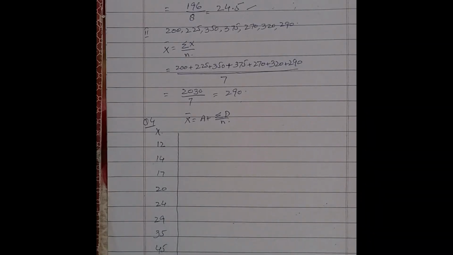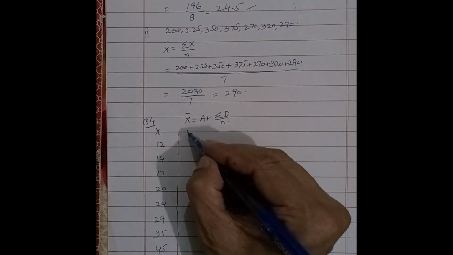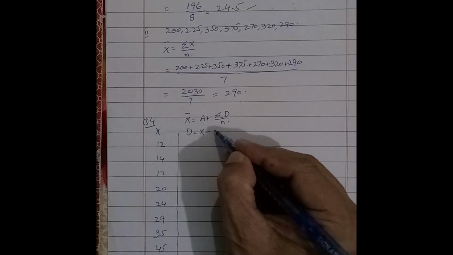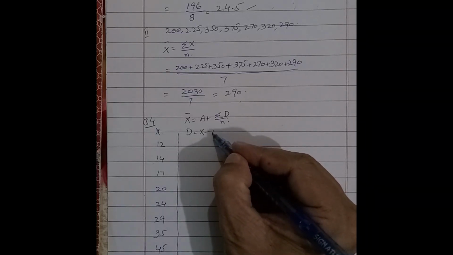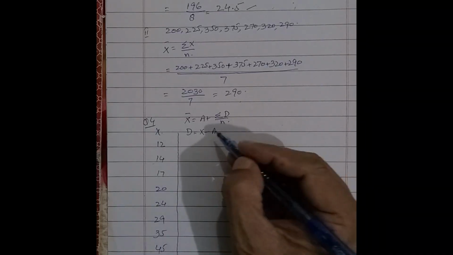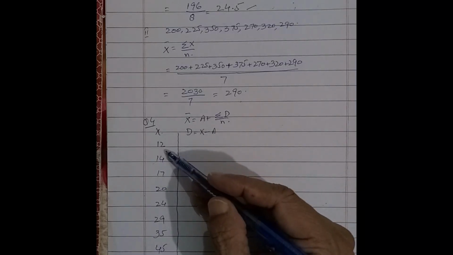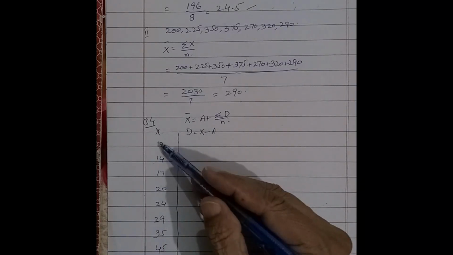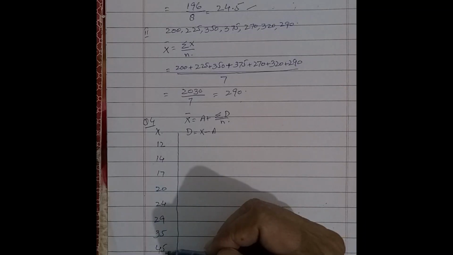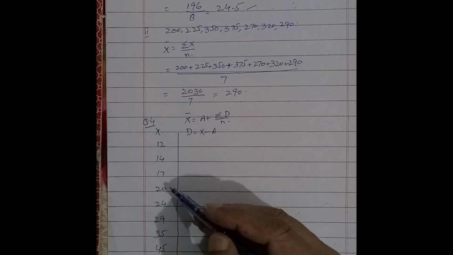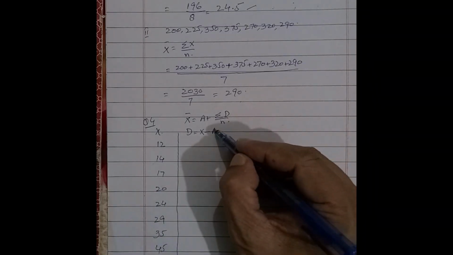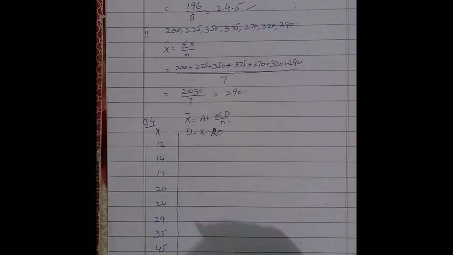These are the values of x. Now we simplify the data and find d, which is x minus a. X minus any value in the middle of these values. It is 12 to 45. Most probably the value is 20. So x minus 20.